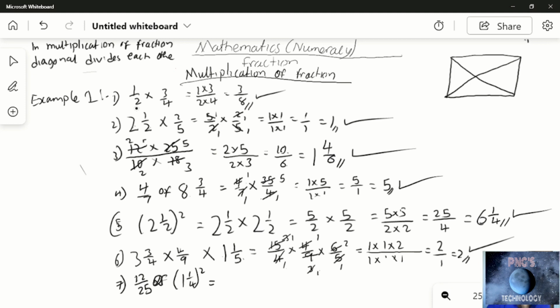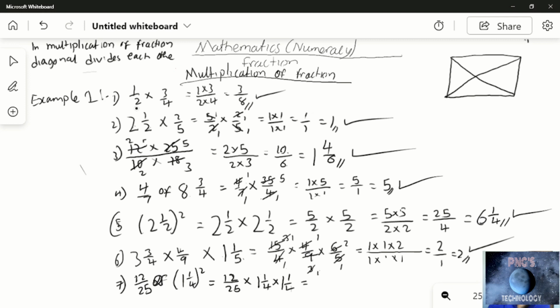So this means 12 over 25, of means times, 1 1/4 times 1 1/4. So 1 times 4 plus 1 is 5.